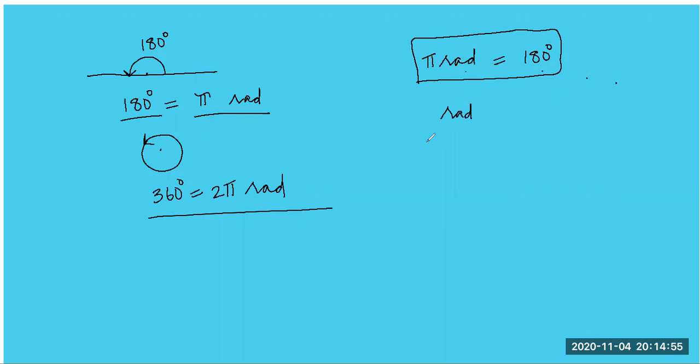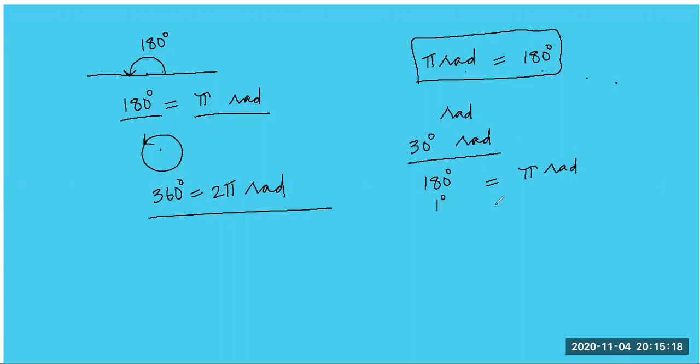For example, very simple. If somebody says convert 30 degrees into radians, how will we do it? We know 180 degrees is equal to pi radians.